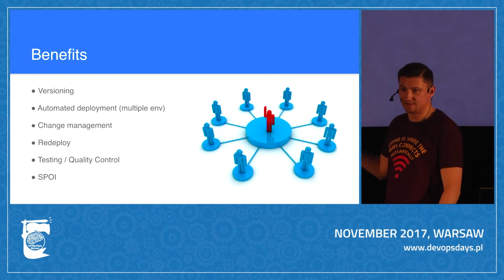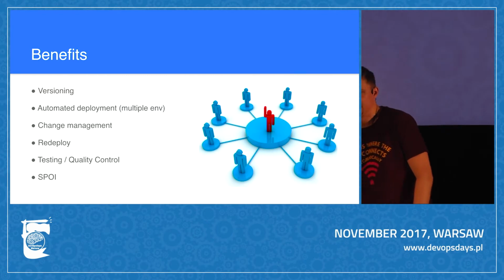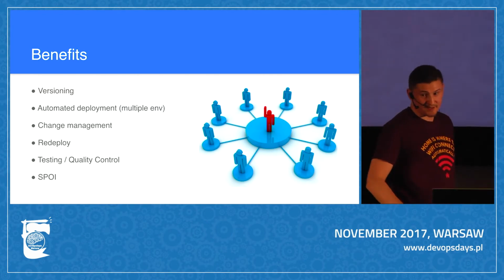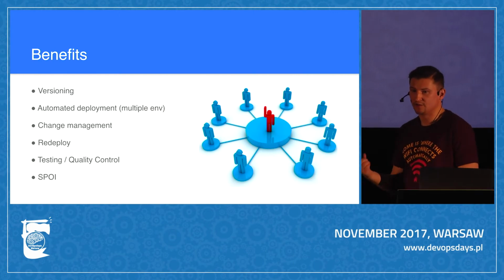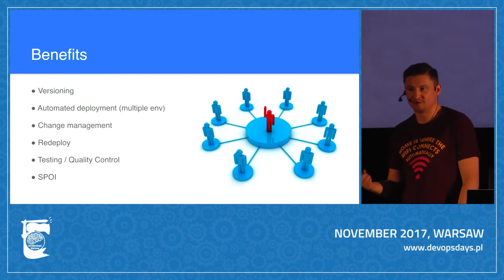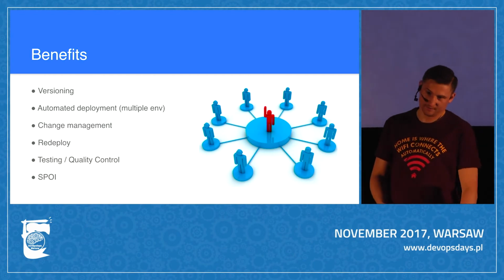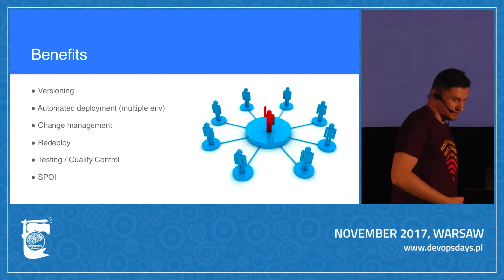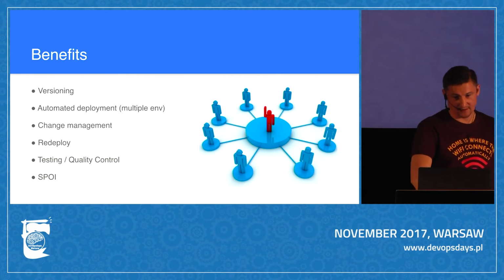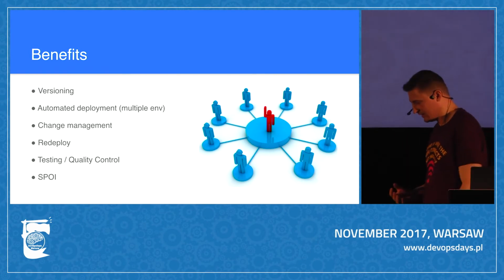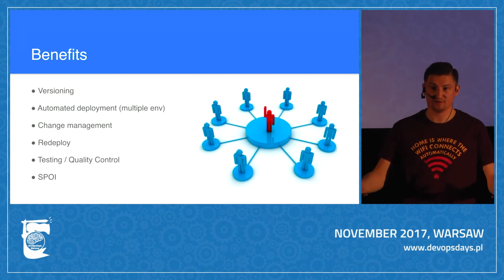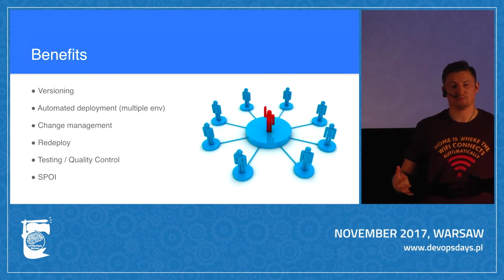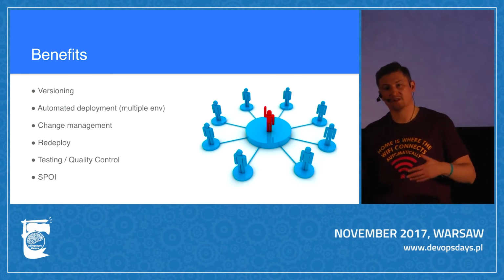That's what these CI/CD and DevOps tools give us. Last but not least is the single point of information. So there is no single human that is responsible for the knowledge of the whole company. And like tools such as Terraform, this single point of information is also stored in a declarative approach.